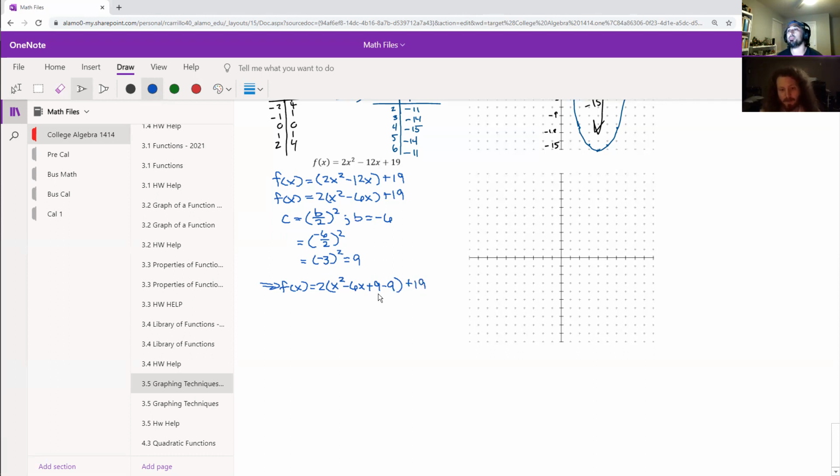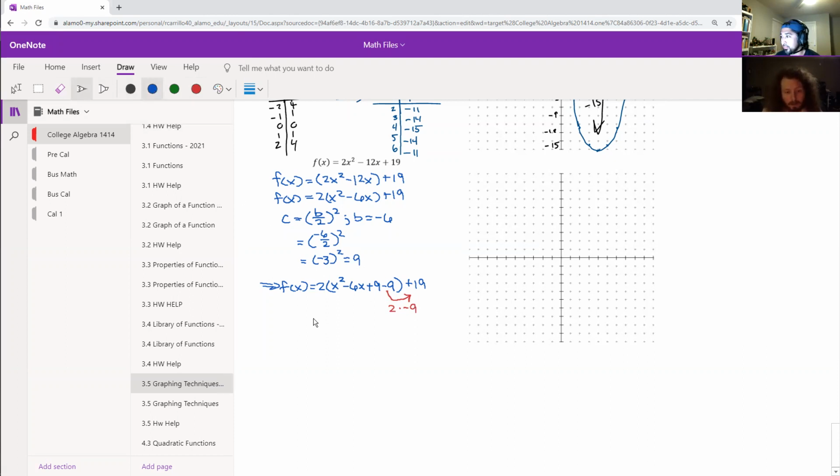You want to make sure that you rewrite your plus and minus 9 inside the set of parentheses, because you want to do this as a trick to remind yourself that when you move this -9 outside, you have to multiply it by the 2 up front. Whatever you factored off, you have to multiply that negative term of your added 0 by that.